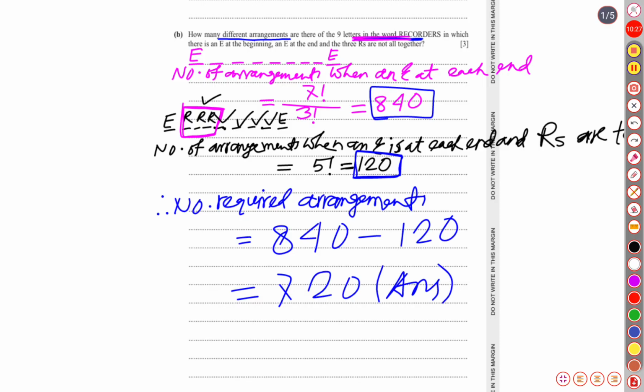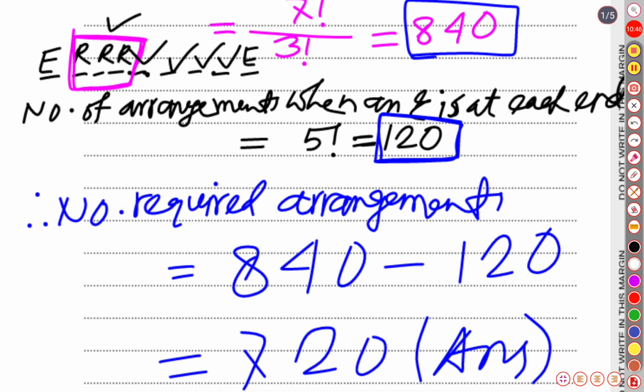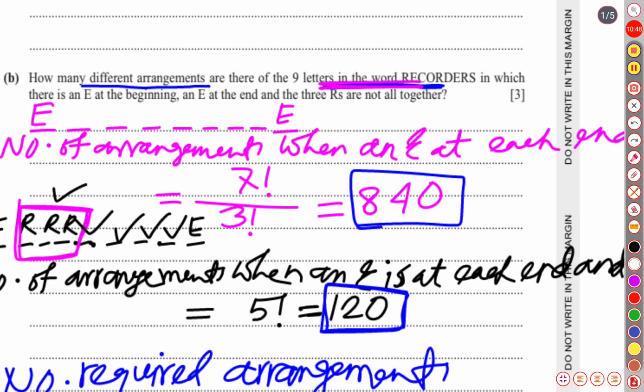Now you may ask why we did it in a reversal way, why didn't we do it directly, that these three R's are not all together. In that case, you will have to undergo some complication, because the condition is that three R's are not all together.